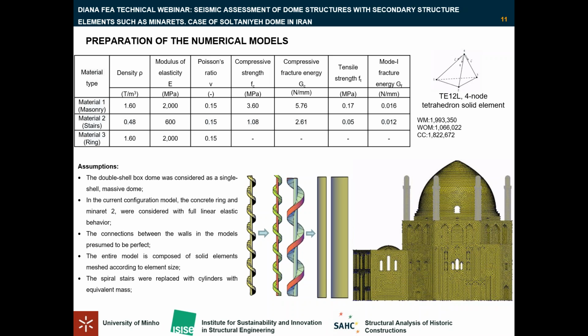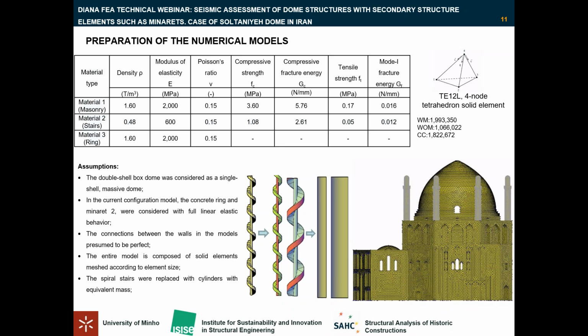So some assumptions were made, including the double shell dome was considered as a single shell massive dome. In the current configuration model, the concrete ring and the minaret number 2, which had been consolidated, were considered with full linear elastic behavior. The connections between the walls in the models were presumed to be perfect.